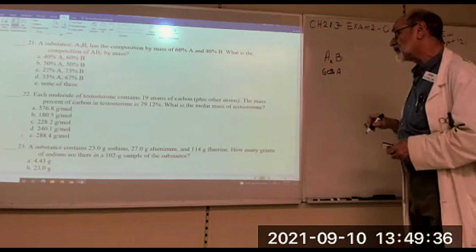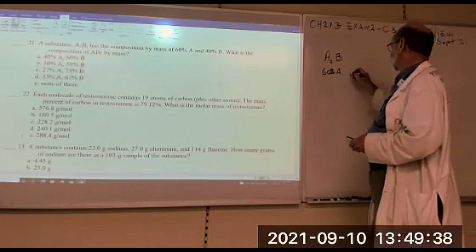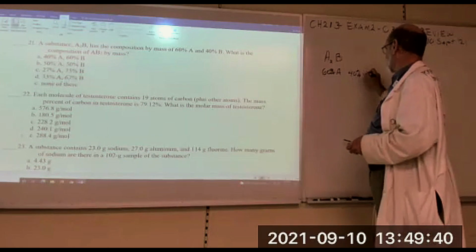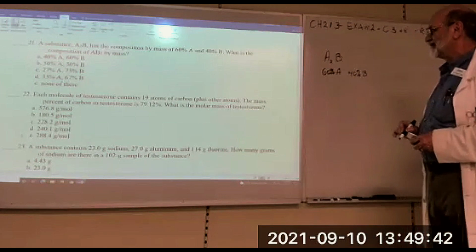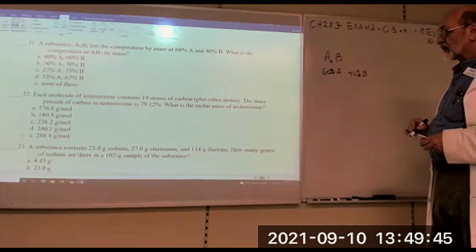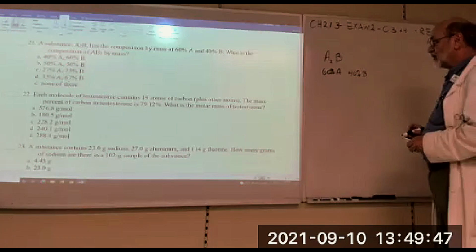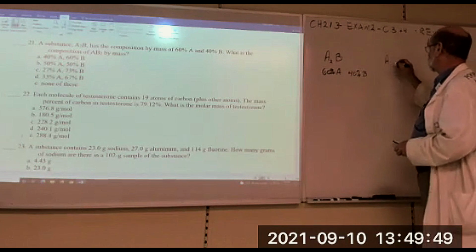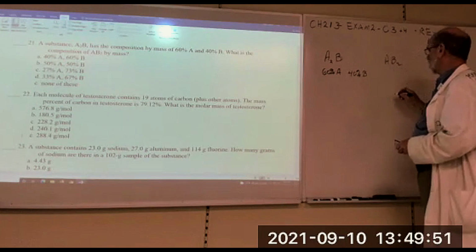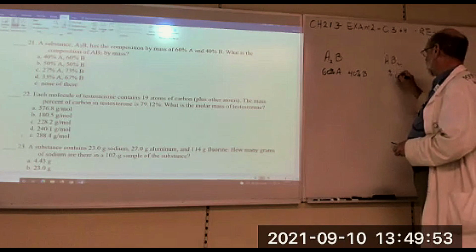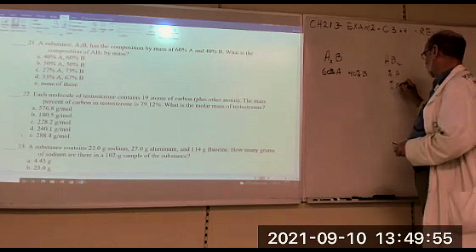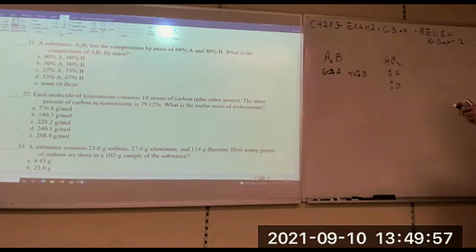And 40% B. What we want to know is what's the composition of AB2? We want to know percent A and percent B.